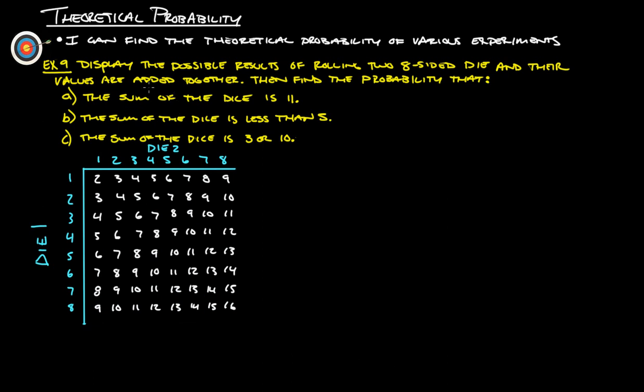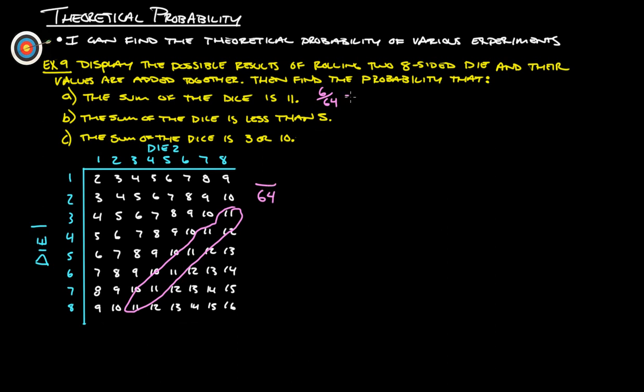Okay, so it says find the probability that the sum of the dice is 11. So if we're going to find the sum of the dice is 11, look, here's an 11. And look, it's all down this diagonal right here. Right? All of those are 11. So there are 8 times 8, 64 different possibilities, and 1, 2, 3, 4, 5, 6 of those 64 possibilities have a sum of 11.